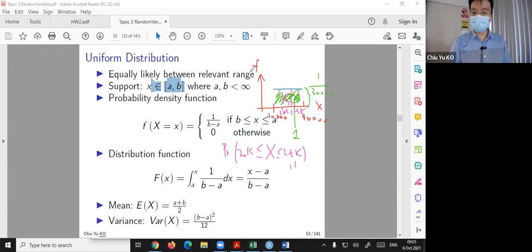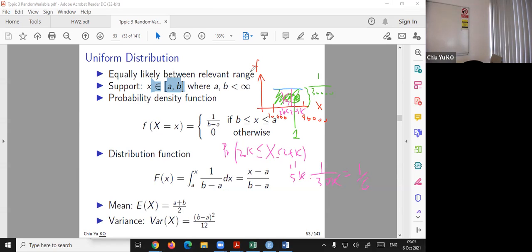That means the base is 5K, okay, and the height is 1 over 30K. Okay, 5K over 30K reduced is 1 over 6. Okay, it is 1 over 6 probability that the Hang Seng Index will be between 20K and 25K. Is that okay? So just the area.